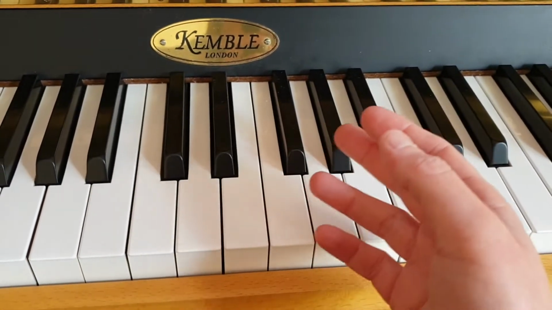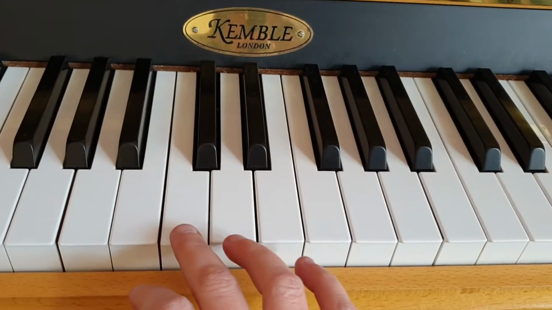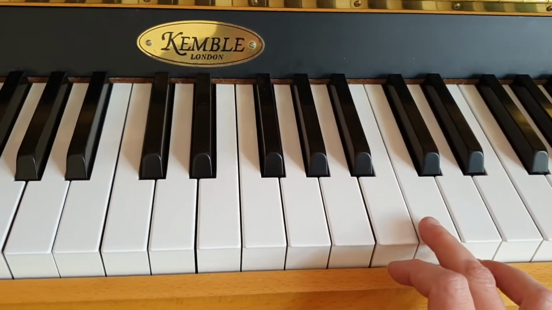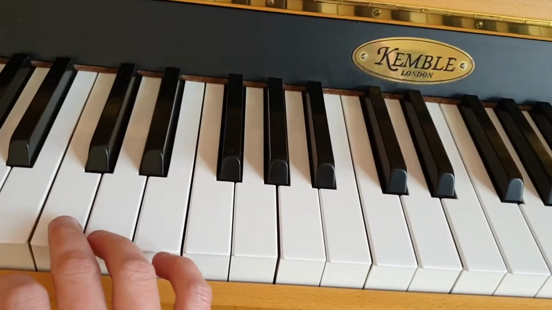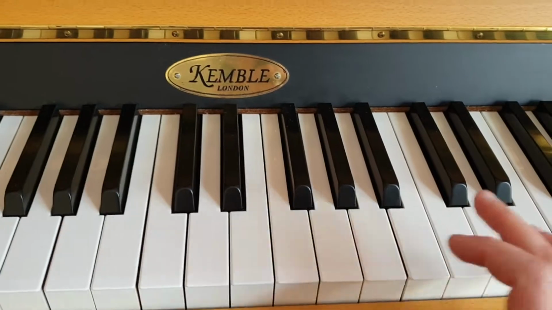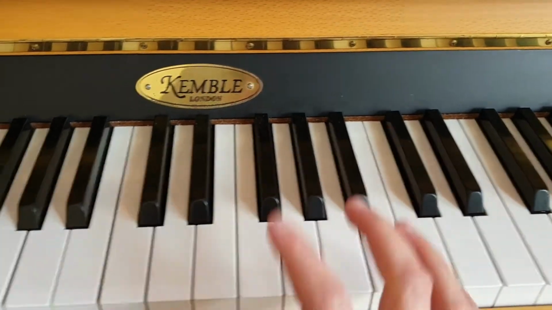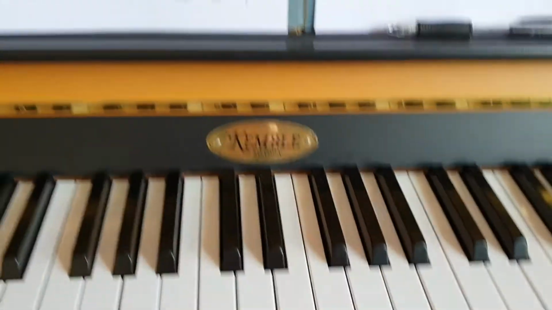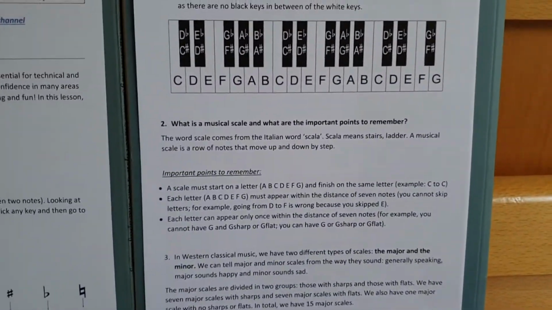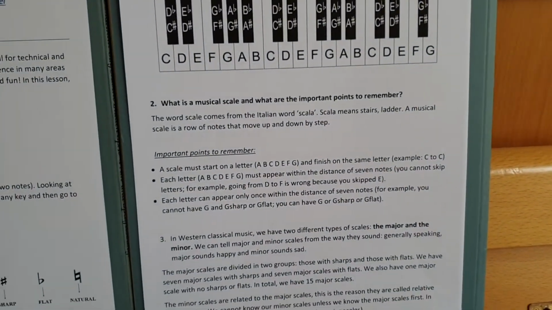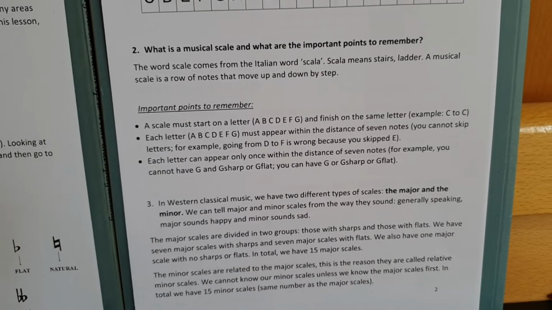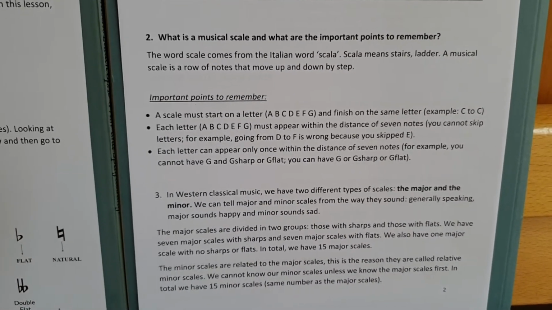If we start on a letter, let's say we start on C, we need to go up to another C or down to another C, but it has to be C to C or E to E. Okay, and within that distance, you need to have each letter appearing once. We cannot have a letter appearing more than once.